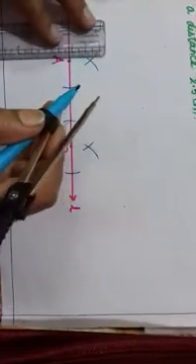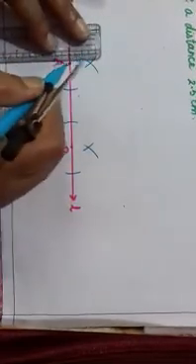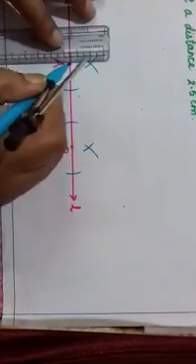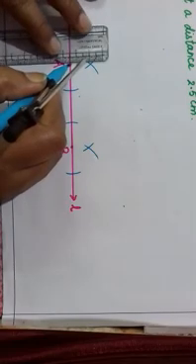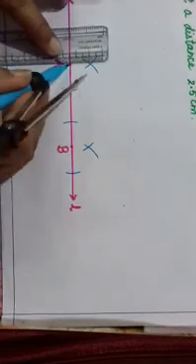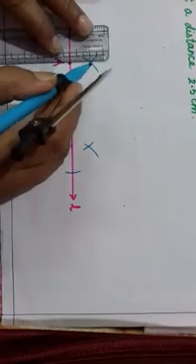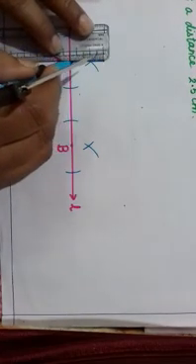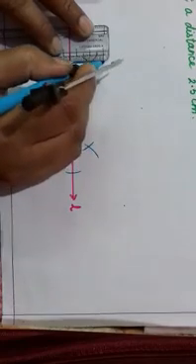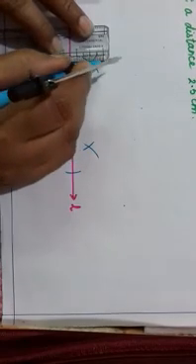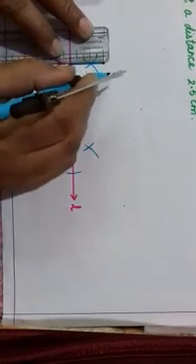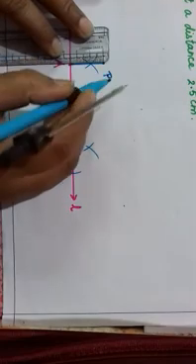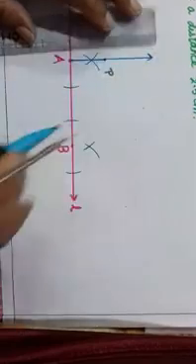If you are taking 2.5 centimeters, from 0 to 2.5, where 2.5 will come, touch that point A, and in this way you will draw one line, and at this point you will make a dot and give it the name P, and then extend this line in this way.